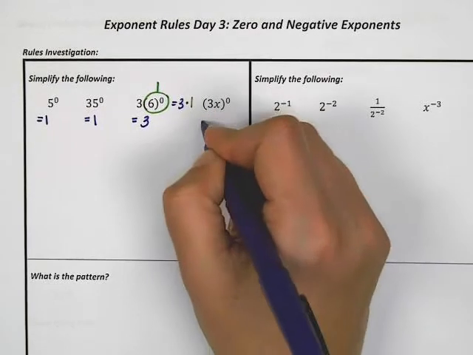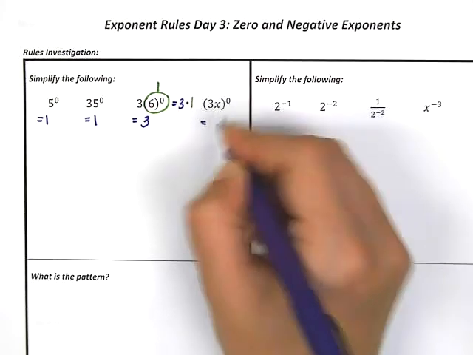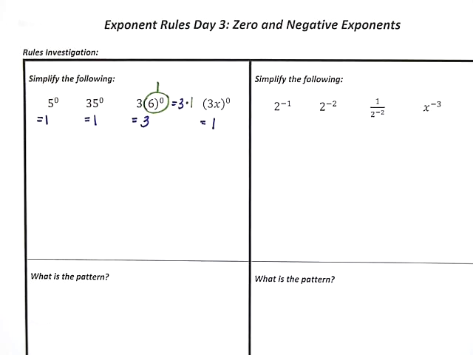So if I look at this problem, if I'm evaluating 3 times x to the 0 power, the answer is going to be 1. So what is the pattern?